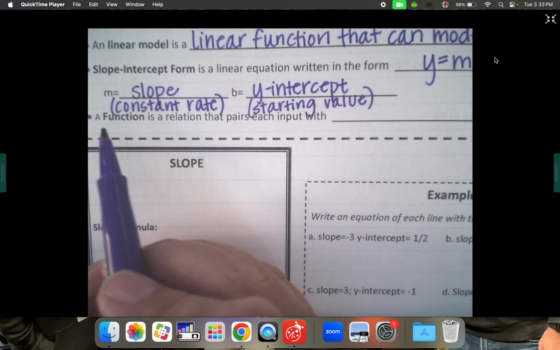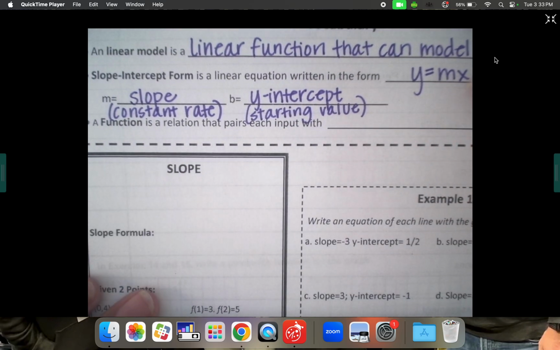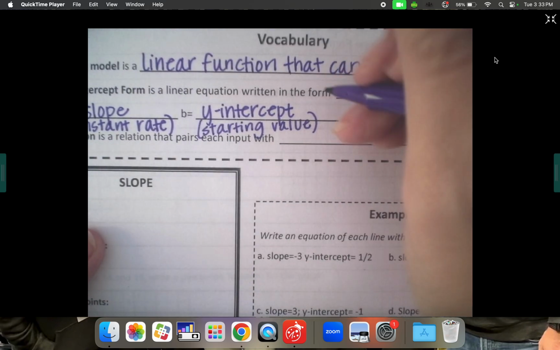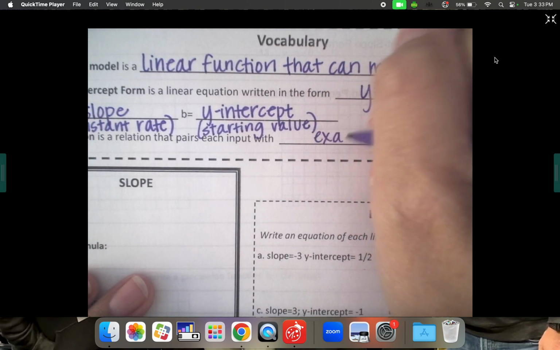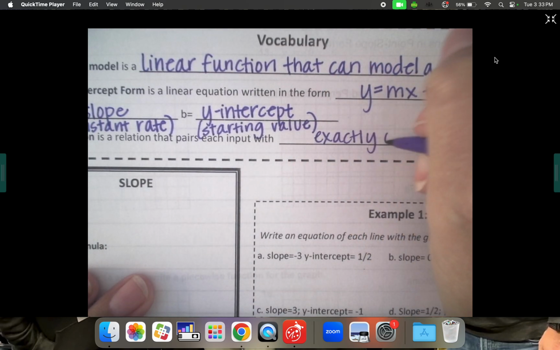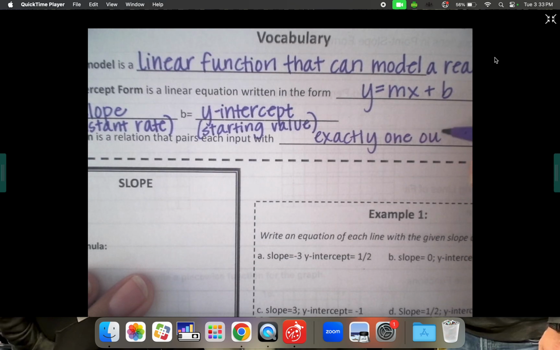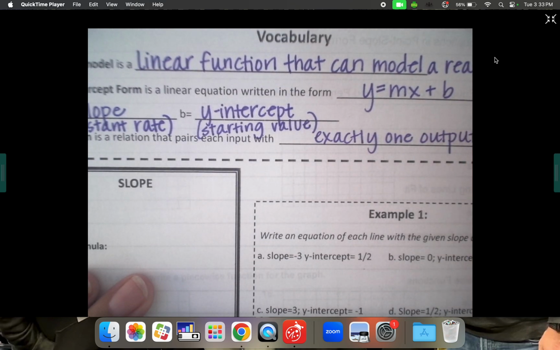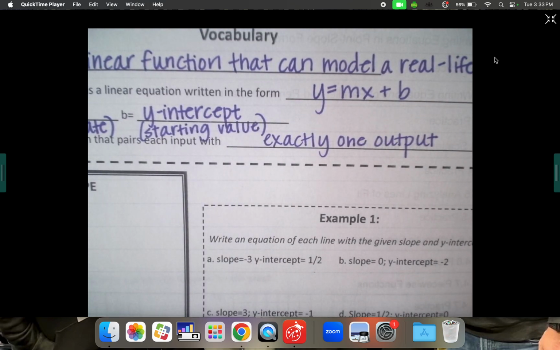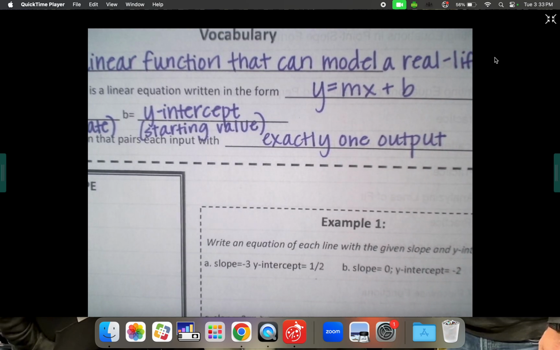The last one says a function is a relation that pairs each input with, and again, you should already know this, exactly one output. In order to be a function, each input can have only exactly one output.